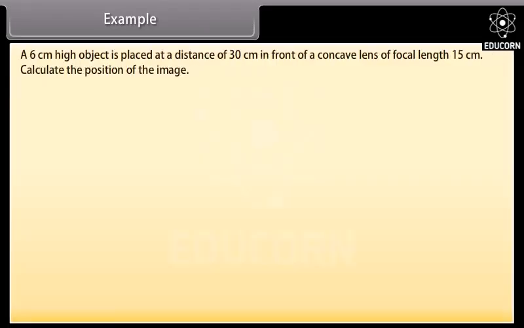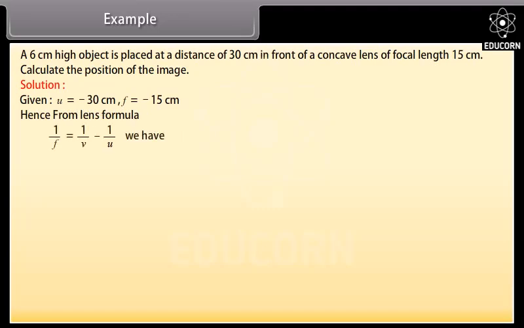Example. A 6 cm high object is placed at a distance of 30 cm in front of a concave lens of focal length 15 cm. Calculate the position of the image. Solution. Given u = -30 cm, f = -15 cm. Hence, from lens formula, 1/f = 1/v - 1/u.